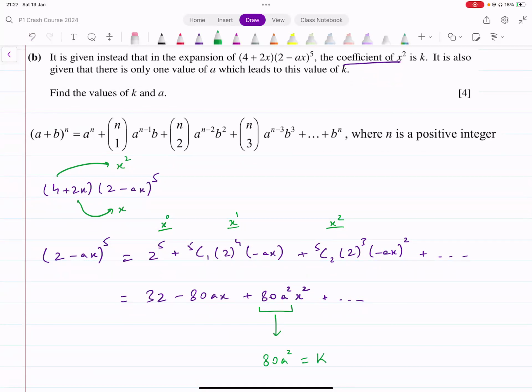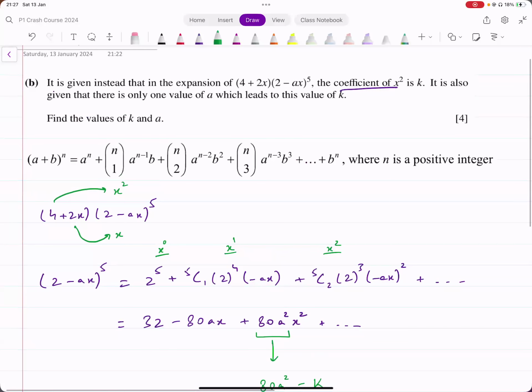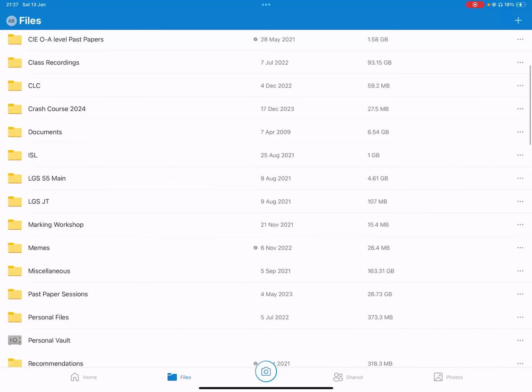All right, so k equals 80a squared now. And now the question says, it's also given that there is only one value of a which leads to this value of k. So there should be only one value of a that gives us this value of k. Okay, that's interesting. Let's look at the first part again.